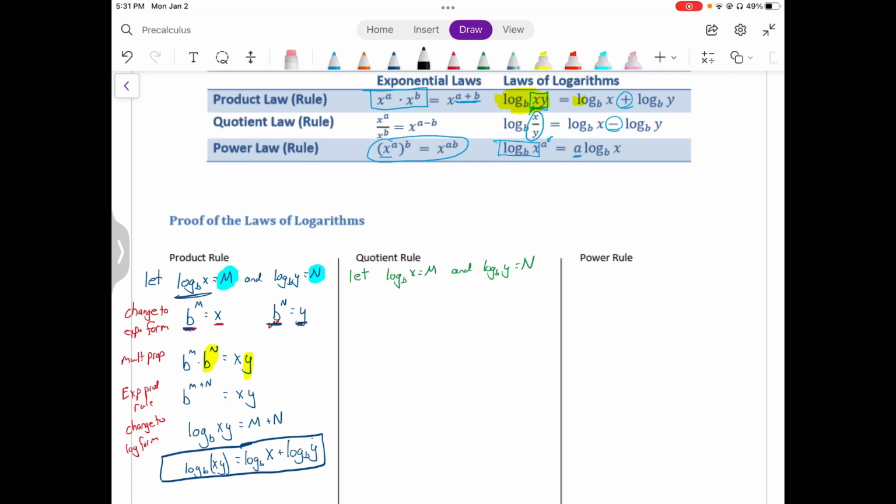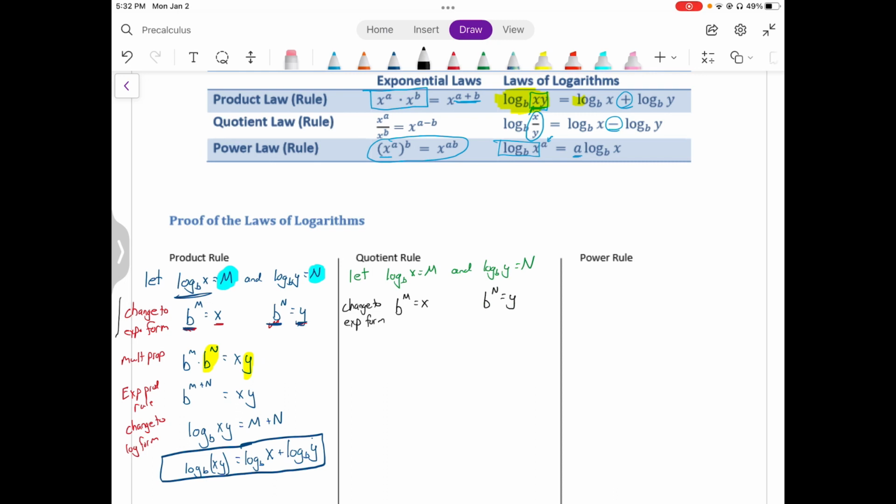First we're going to change to exponential form. What I'm writing here in black is going to be very similar to what we wrote here in red. So this is b to the m is equal to x, and b to the n is equal to y.